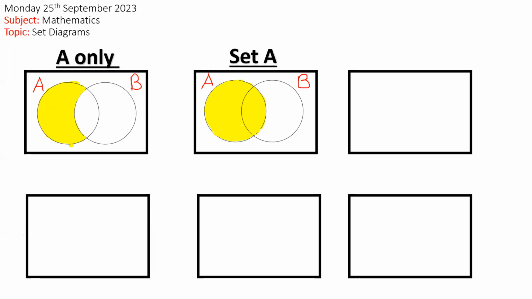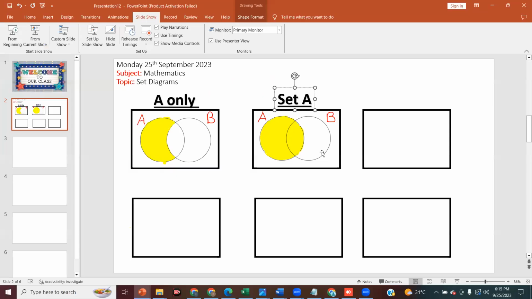All right, good. So what if I ask for B only? How would we do B only? By shading in B. Do we include the intersection? No, sir.